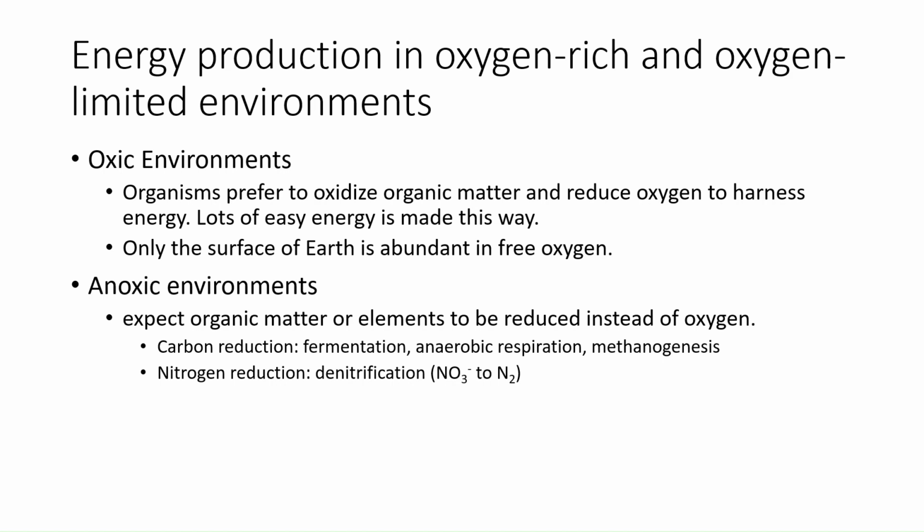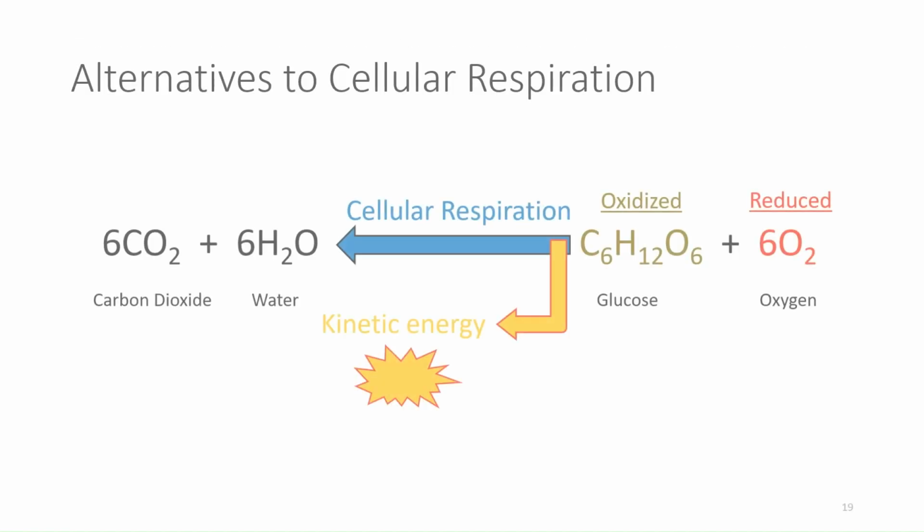And so we can go from nitrate to nitrogen gas or N2. Or sulfur reduction is another. If we can't reduce oxygen to make CO2, well, we'll reduce sulfur and we'll make sulfate to hydrogen sulfide or sulfur. That's sulfur reduction. And we'll cover that in more detail in our Winogradsky lab.